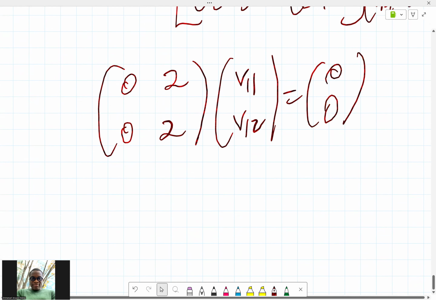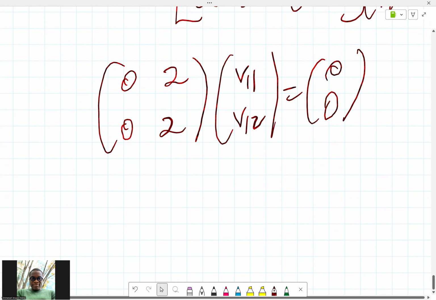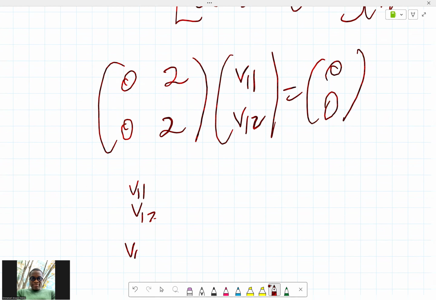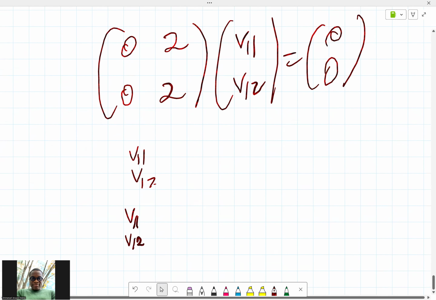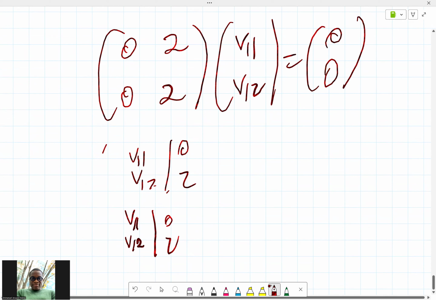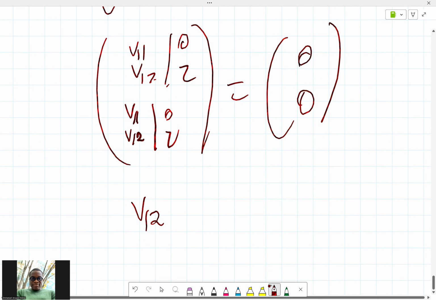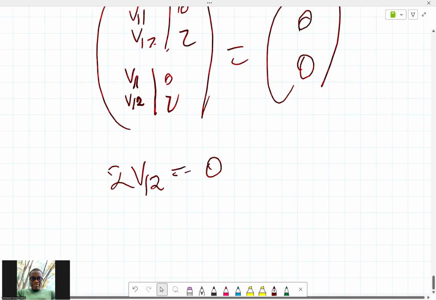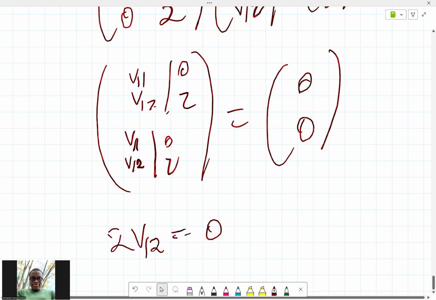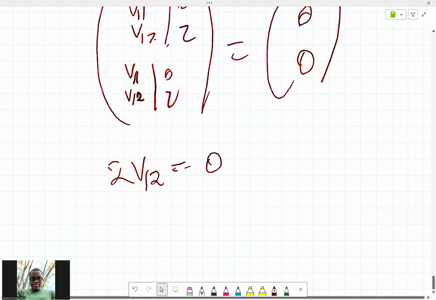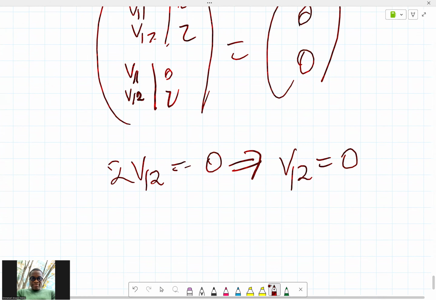This is just easy. We just have 2 v1,2 equals 0, and down here also 2 v1,2 equals 0. That simply implies that v1,2 is 0.